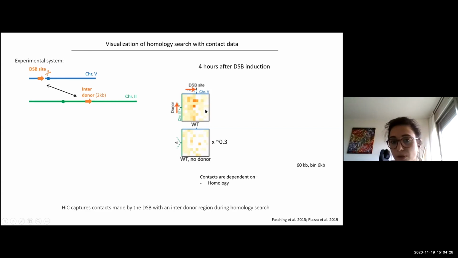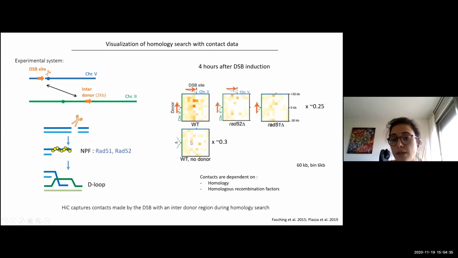These contacts are dependent on homology because when the donor is deleted, so the homology is deleted, two thirds of the signal is lost. It is also dependent on the nucleoprotein filament because in the absence of Rad52 or Rad51, 75% of the signal is lost. Conversely, D-loops are destabilized by the Sgs1 helicase, which will then destabilize the contact made by a break with its homologous donor.